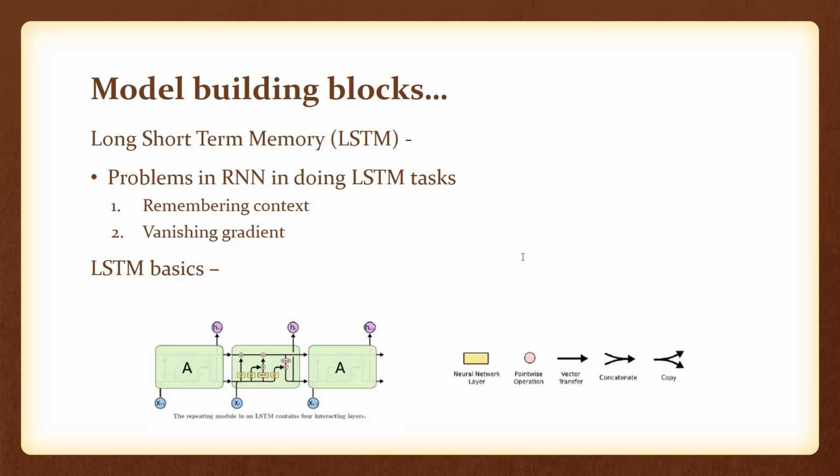All of these gates have enabling parameters which allow either the whole input to be passed, nothing to be passed, or some partial amount of it to be passed to the network. So it has an activation between 0 and 1. Having 0 means nothing is passed to the network. Having 1 means all of it is passed, and anything in between means a partial amount of input is passed.